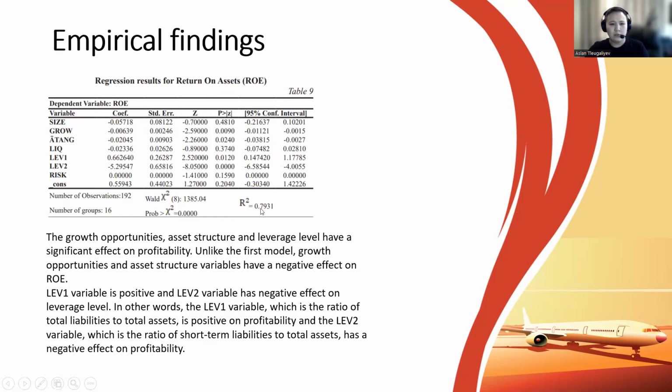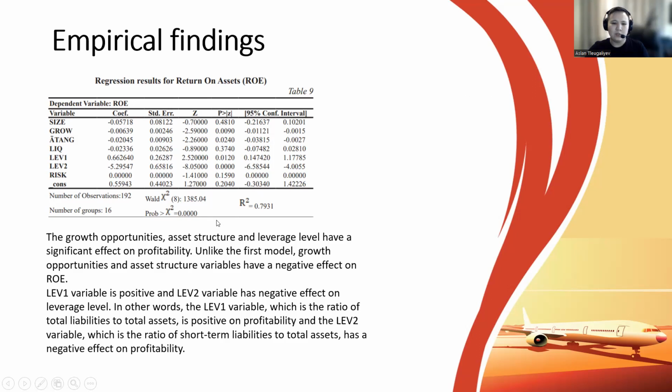Here we have got the R square of almost 80%, which is a very high number, and its error term is only 20% unexplained. The prob-F is also 0. The model is well fitted and statistically validated, and in addition to growth opportunities and tangibility of assets, which are significant, we have significant leverage 1 and leverage 2 ratios with different signs.